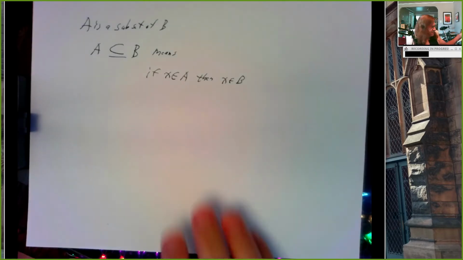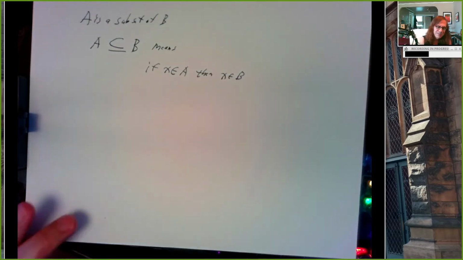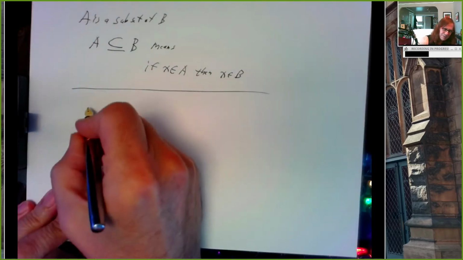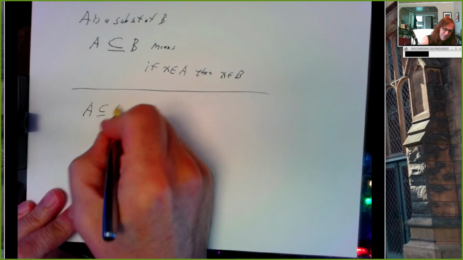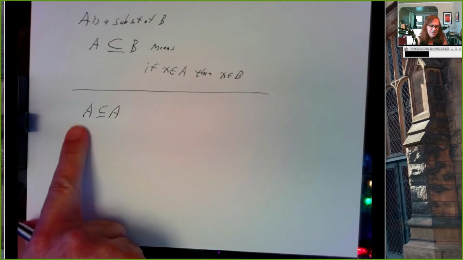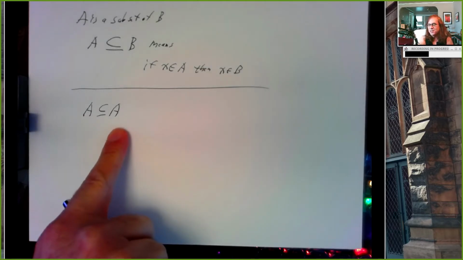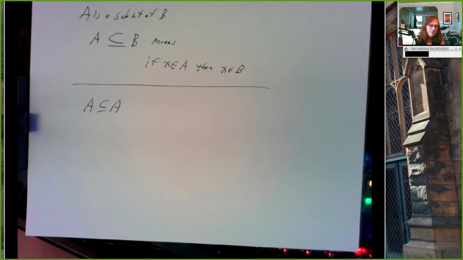Okay. But if we use this as a definition, if X is in A, then X is in B, we find the following unusual characteristic. A is a subset of A, because if X is in here, it's also in there. Now this is kind of silly, but it's a true statement.